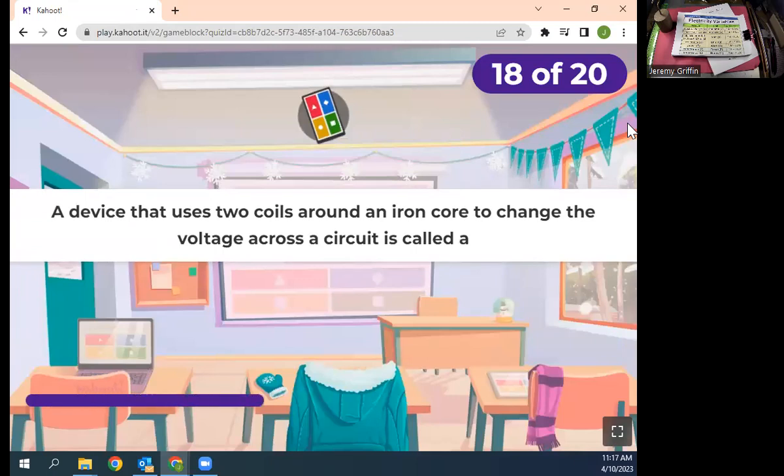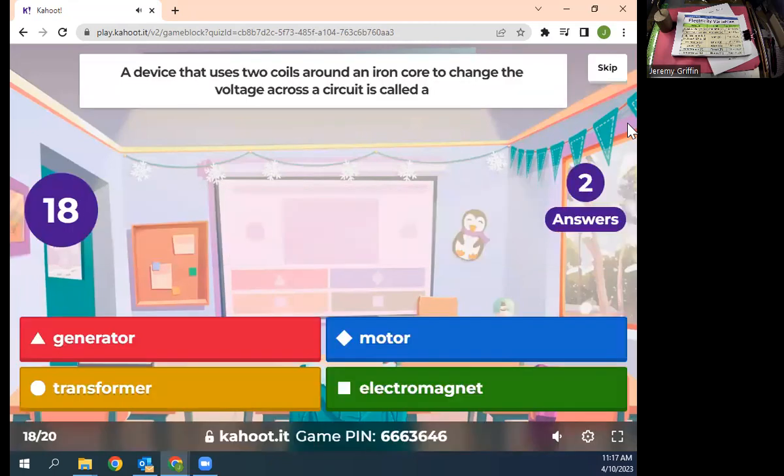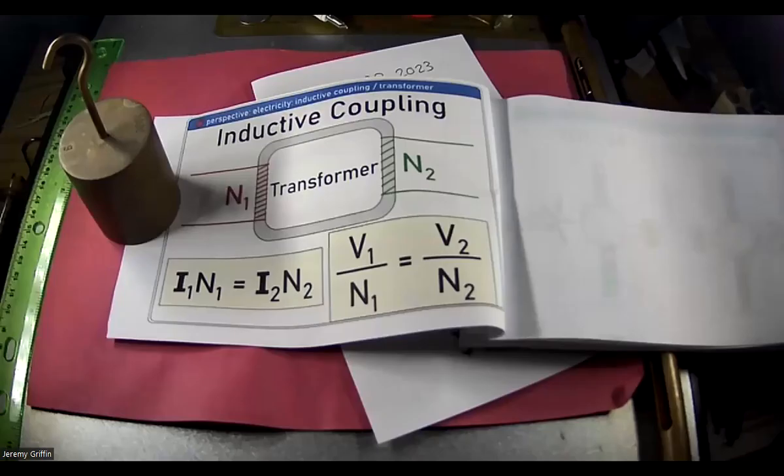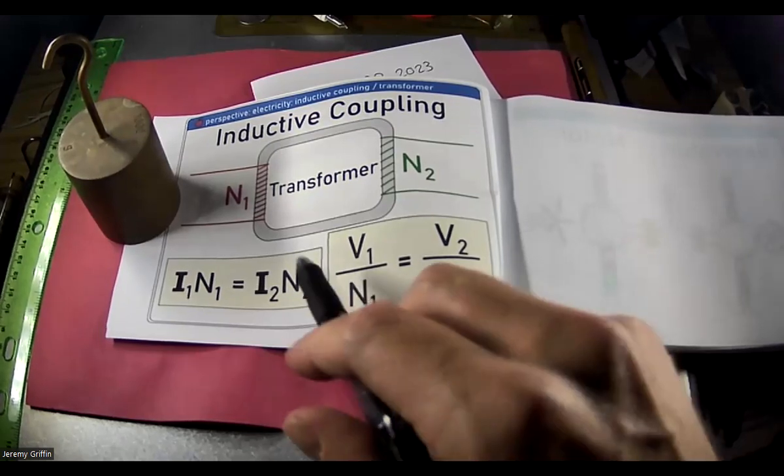A device that uses two coils around an iron core to change the voltage across a circuit is a transformer. So go back over here. You guys remember this?